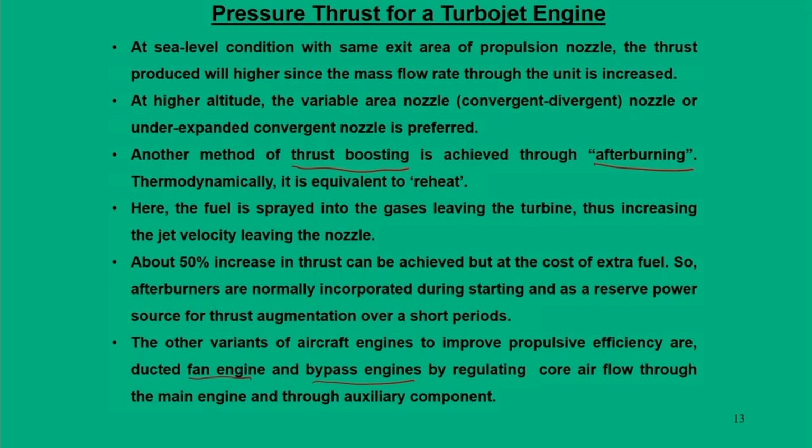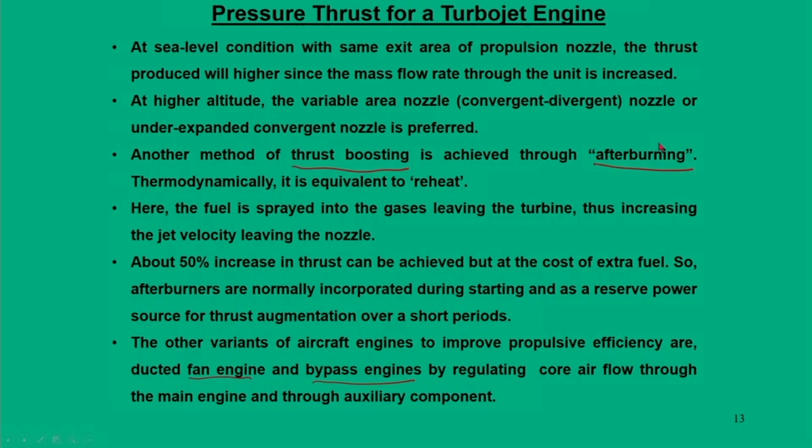But to improve the efficiency of this airflow, people have used the concept of a ducted fan or bypass engine. That means out of the total air that enters, the majority of the air goes as primary air, and the other quantity of air we call secondary air. Through managing this airflow will be better, and through this we can also get a better approach in running this afterburner.